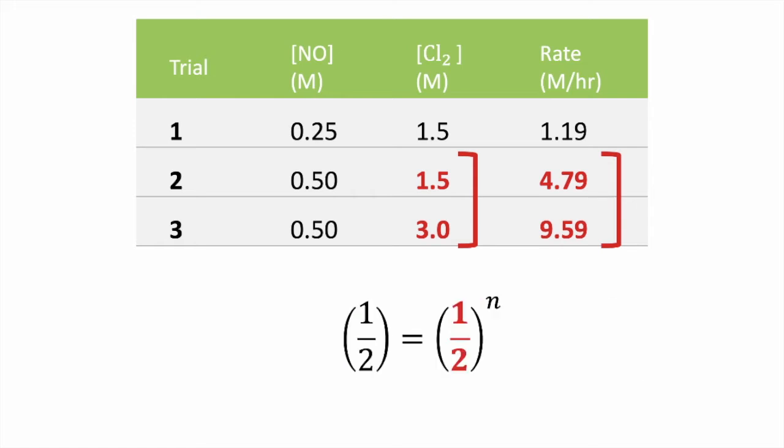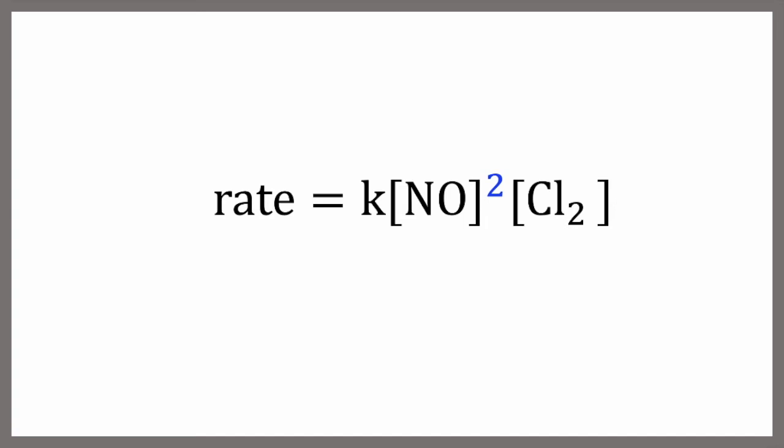Simplify it, and we see that 1/2 equals 1/2 to the n power. So if we take 1/2 to the first power, we get 1/2, so n would have to equal 1. We can rewrite our rate law as this. Rate equals k times the concentration of nitrogen monoxide taken to the second power times the concentration of chlorine.